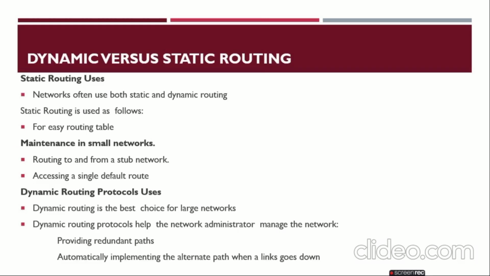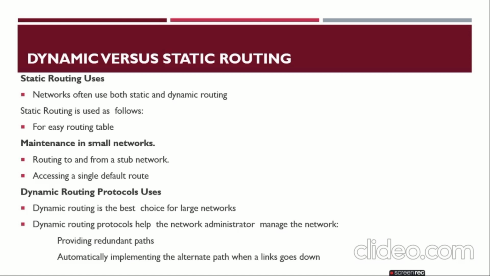Dynamic versus static routing. Networks often use both static and dynamic routing. Static routing is used for easy routing table maintenance in a small network, routing to and from a stub network, and accessing a single default route.